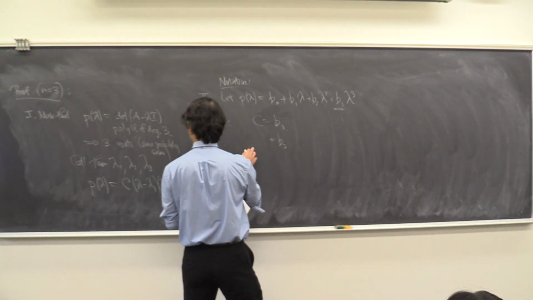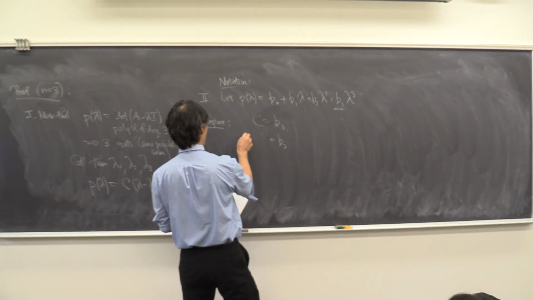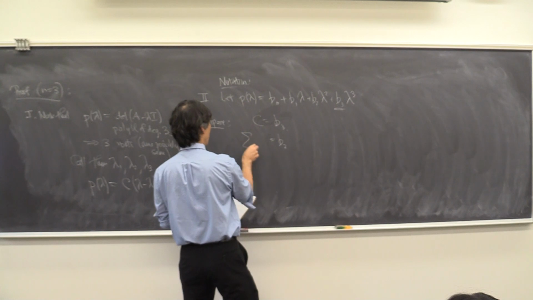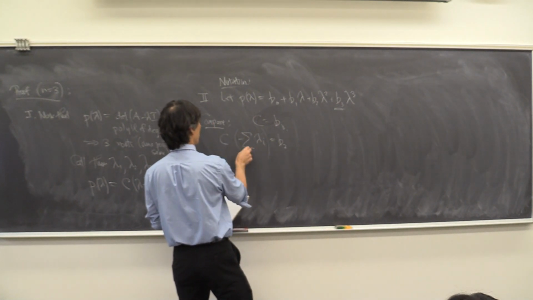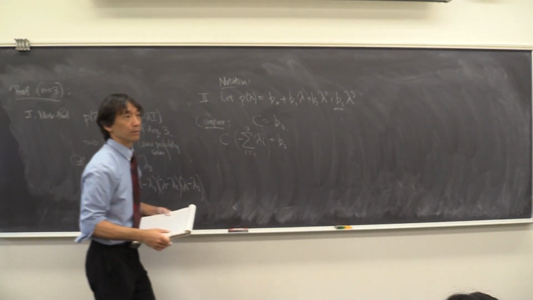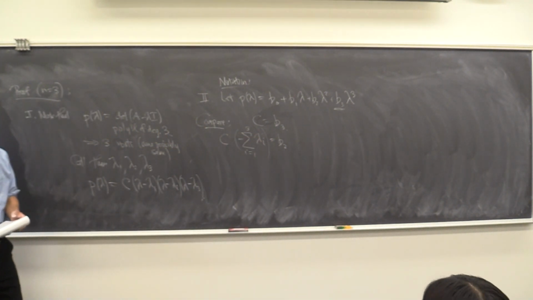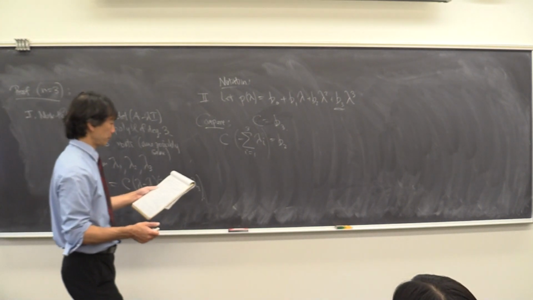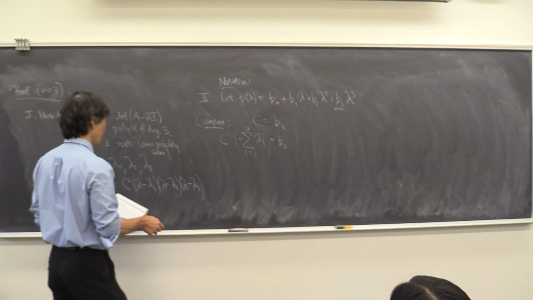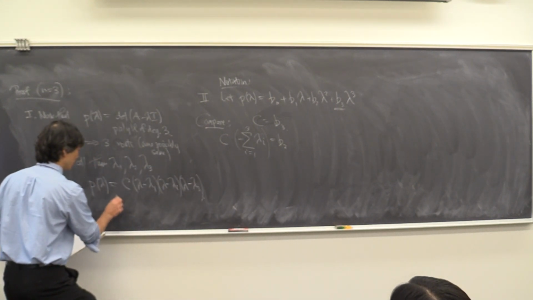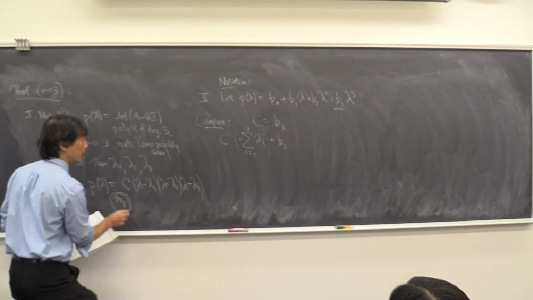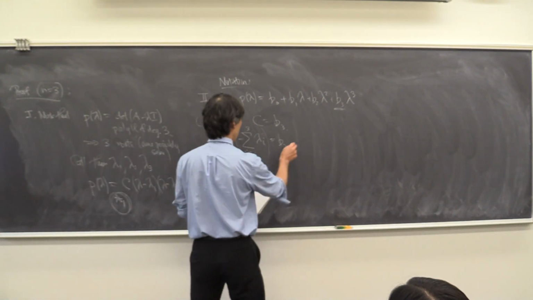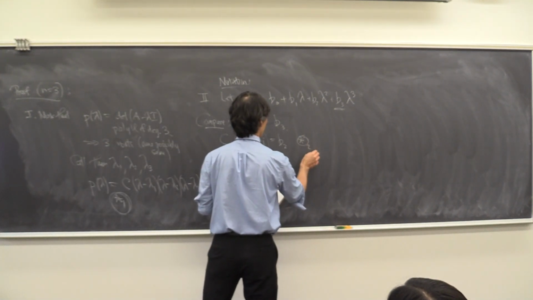And we get the summation of the negative lambdas times C. Let me call this fact star 1. Let me call this fact star 2.